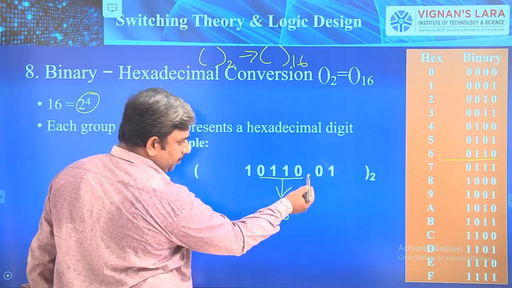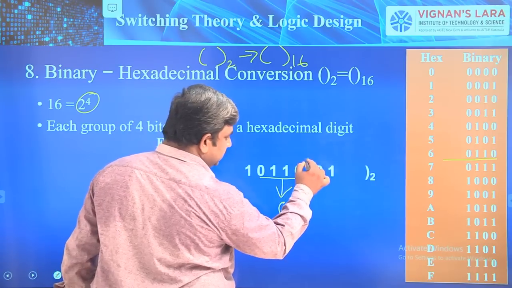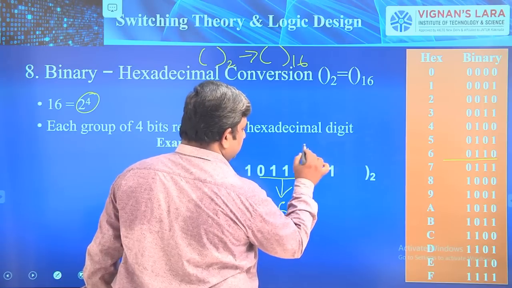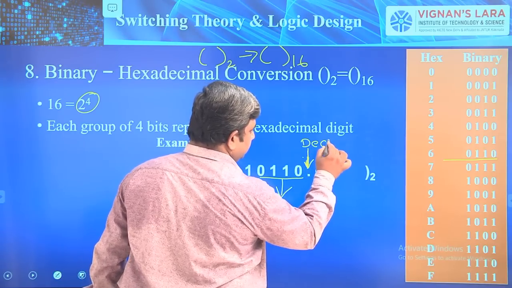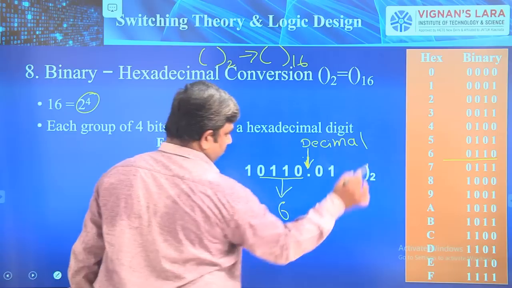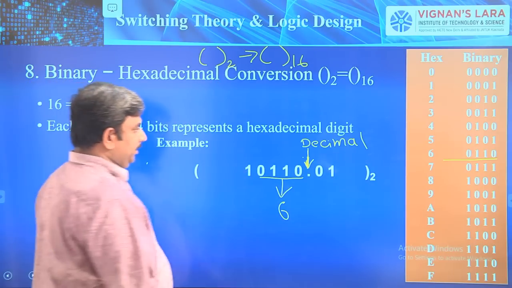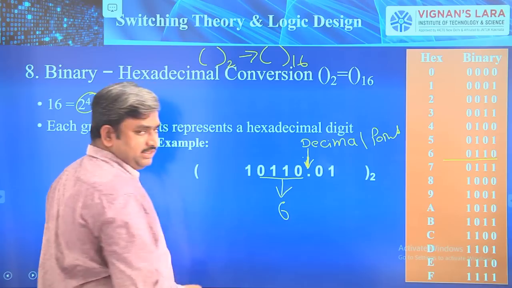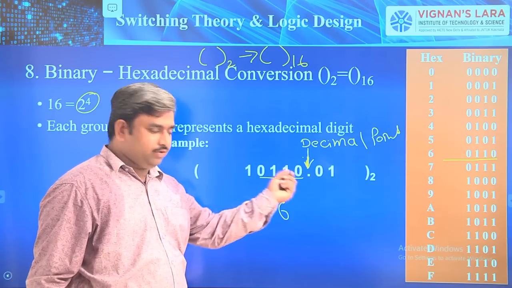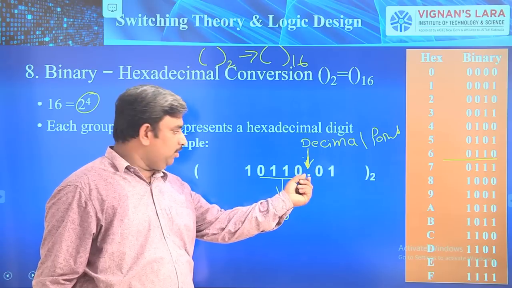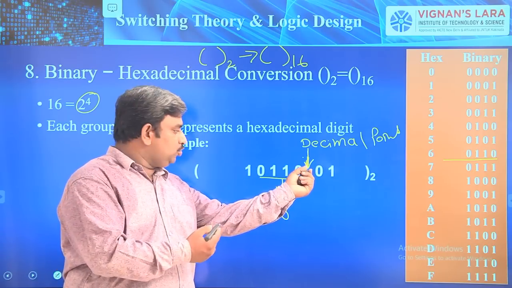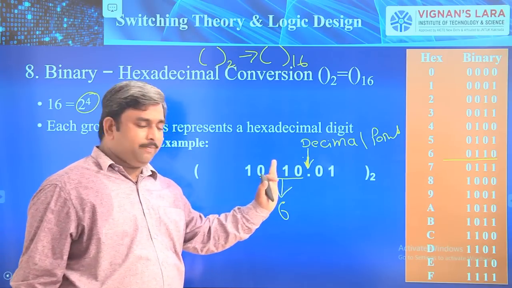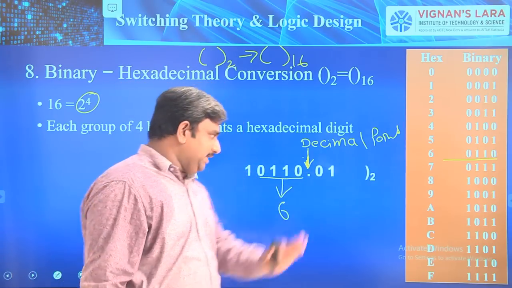From the decimal point, see here, this is the decimal point. From the integer part, you have to start making the groups. Towards the left side, you have to make groups of four bits. For the fractional part, you have to move to the right side.